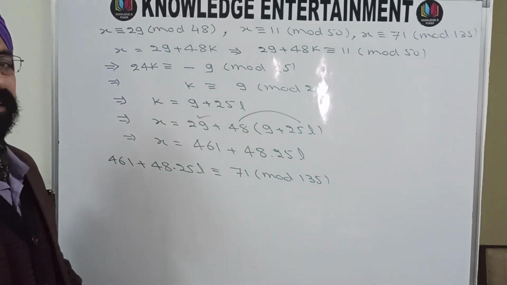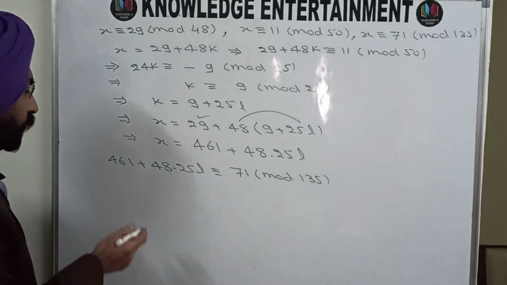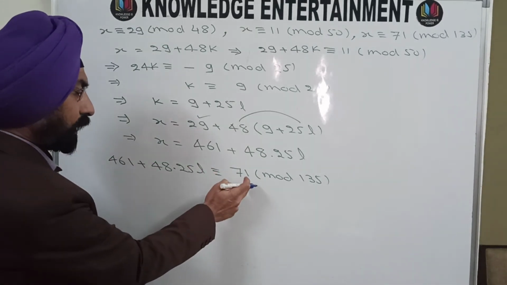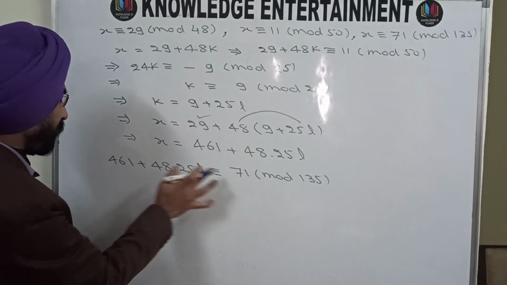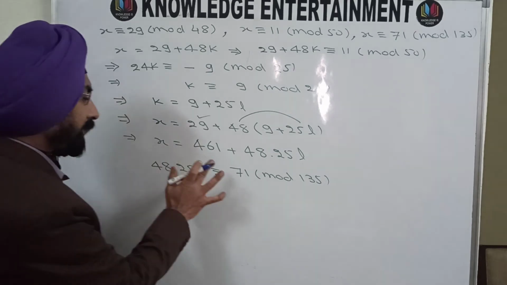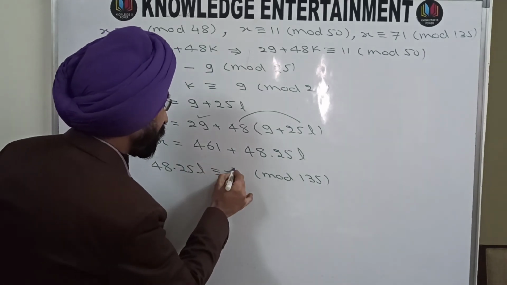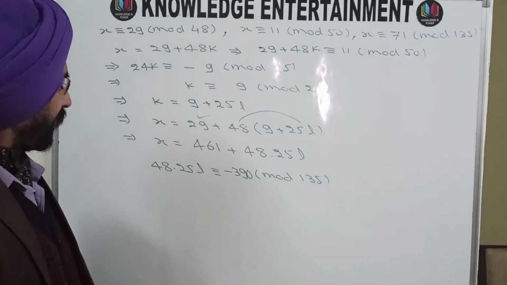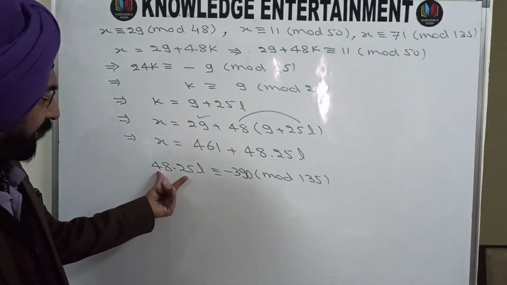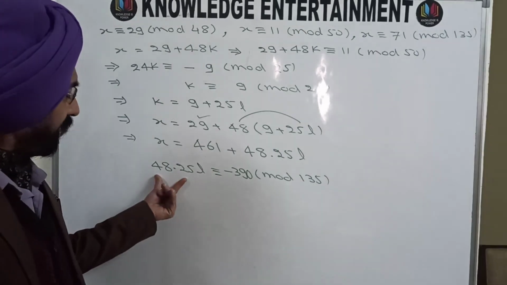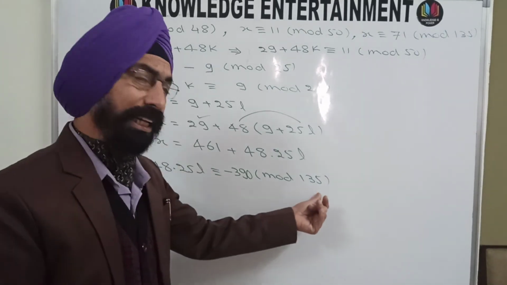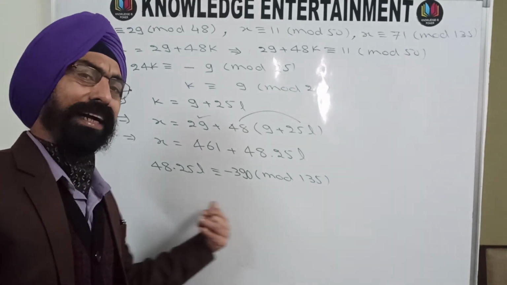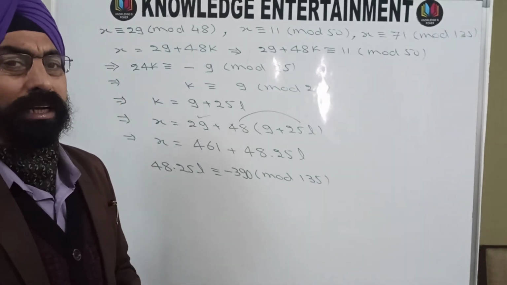And once again repeat the same process. So 461, you can take it to the right hand side. 71 minus 461 will become minus 390, I think so. Yes, it is. Now once again look at this quantity, it is divisible by 15. This is also divisible by 15. This is also divisible by 15. So divide this linear congruence throughout by 15.